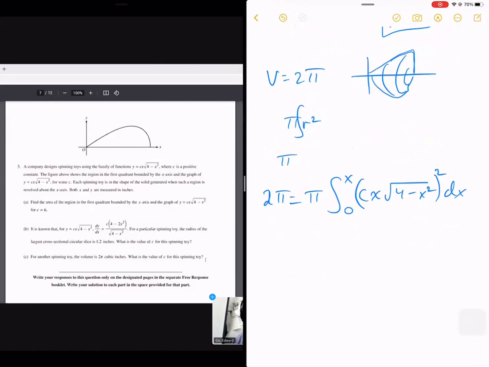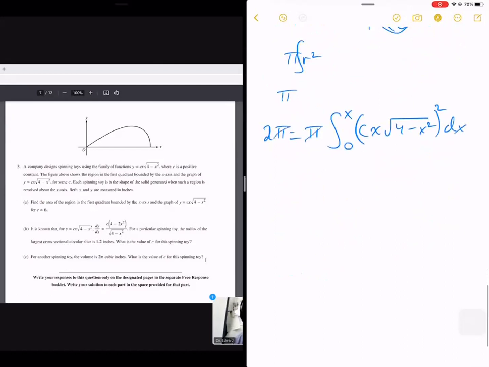Well, if I cancel out some stuff, 2 is equal to the integral from 0 to x of... we have used x, so we have to use a different variable. Let's say t: c t square root of 4 minus t squared dt.